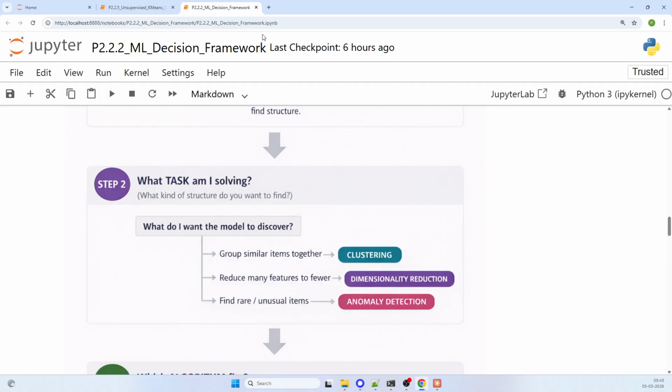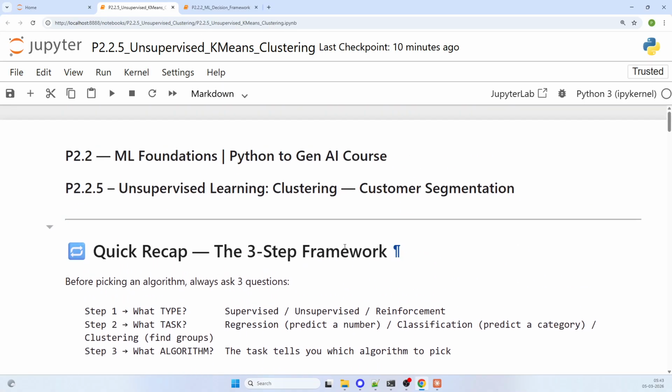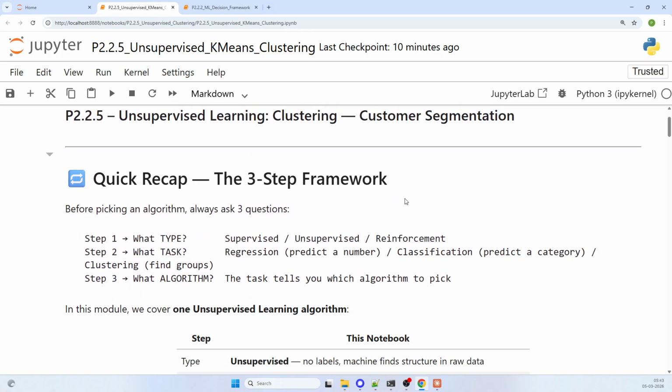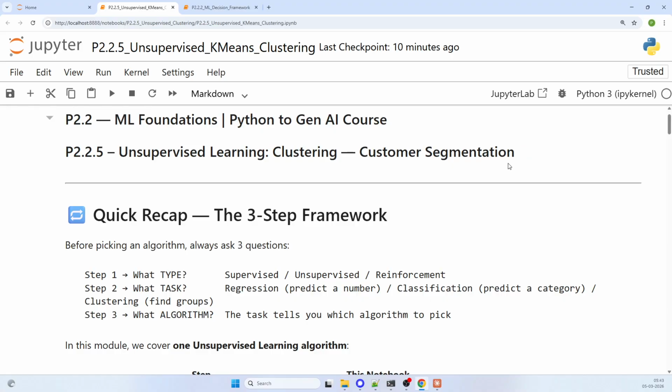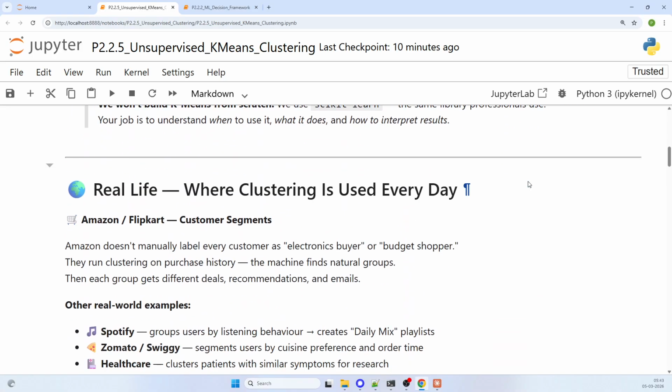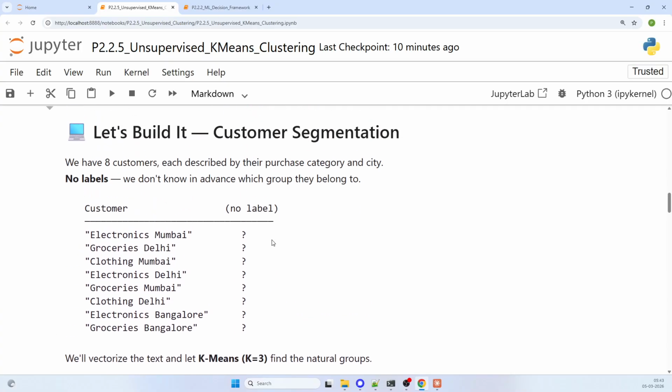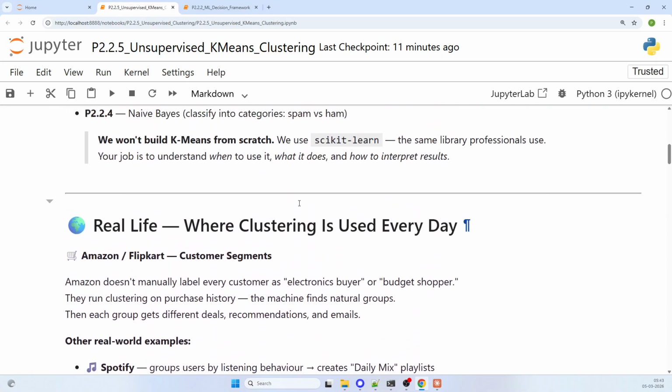The reason I am choosing a clustering task is that the problem I am trying to solve is customer segmentation. Here I have customers from electronics Mumbai, groceries Delhi, clothing Mumbai. What is customer segmentation? I will let you know right now.